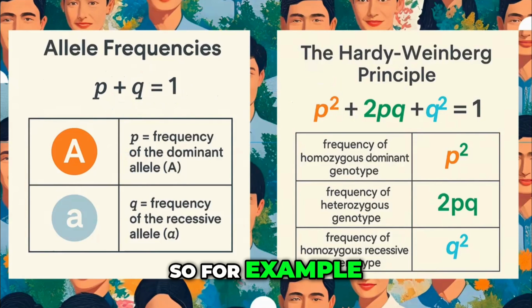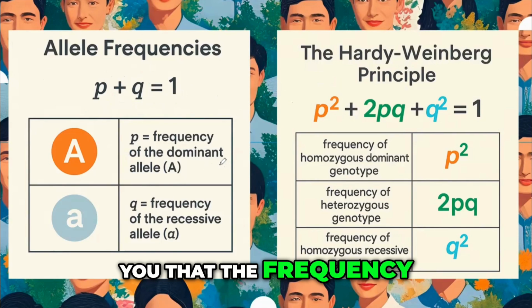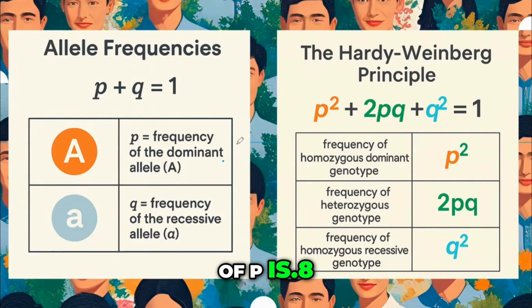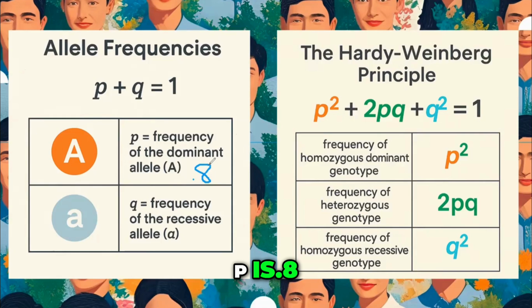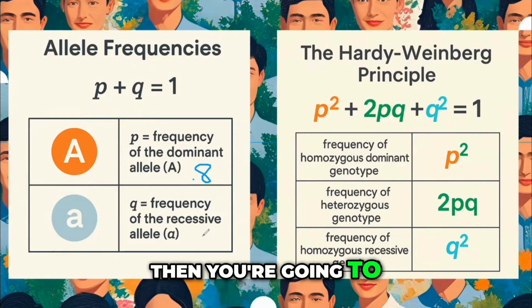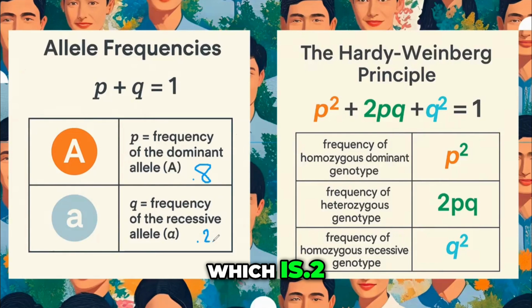So, for example, let's say they tell you that the frequency of P is 0.8. Then, if you know that the frequency of P is 0.8, you subtract it from 1, and that gives you the frequency of Q, which is 0.2.